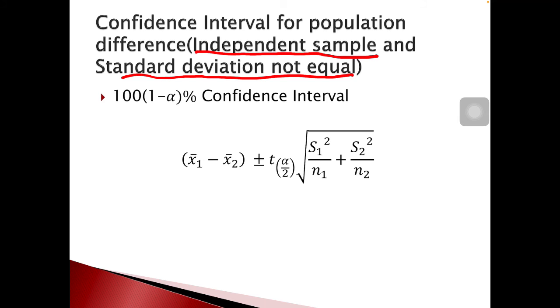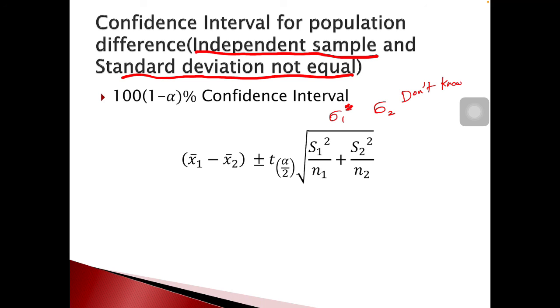In this case, S1 and S2 we know, but we do not know sigma 1 and sigma 2, and they are not equal. That is why we use S1 and S2.